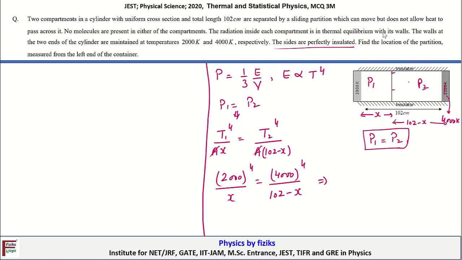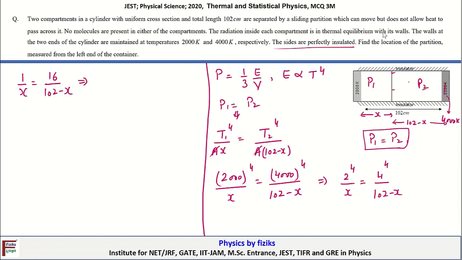So 2 to the power 4 divided by x is equal to 4 to the power 4 divided by 102 minus x. After cancelling the common factors, 1 by x is equal to 16 divided by 102 minus x.